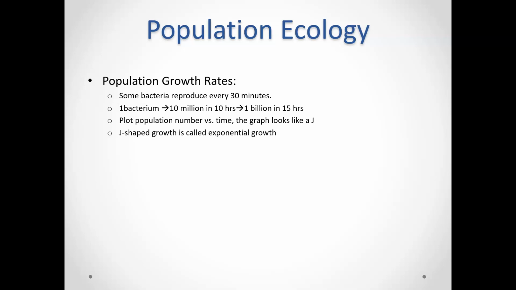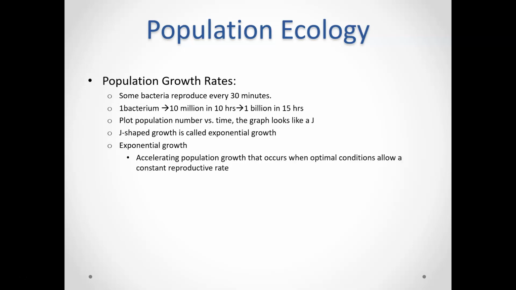And if we were to plot the numbers of individuals of bacteria in this population over time, the shape of the graph would look like a J. And I'll show you that in a minute. This type of growth is referred to as exponential growth. So this population is growing exponentially.